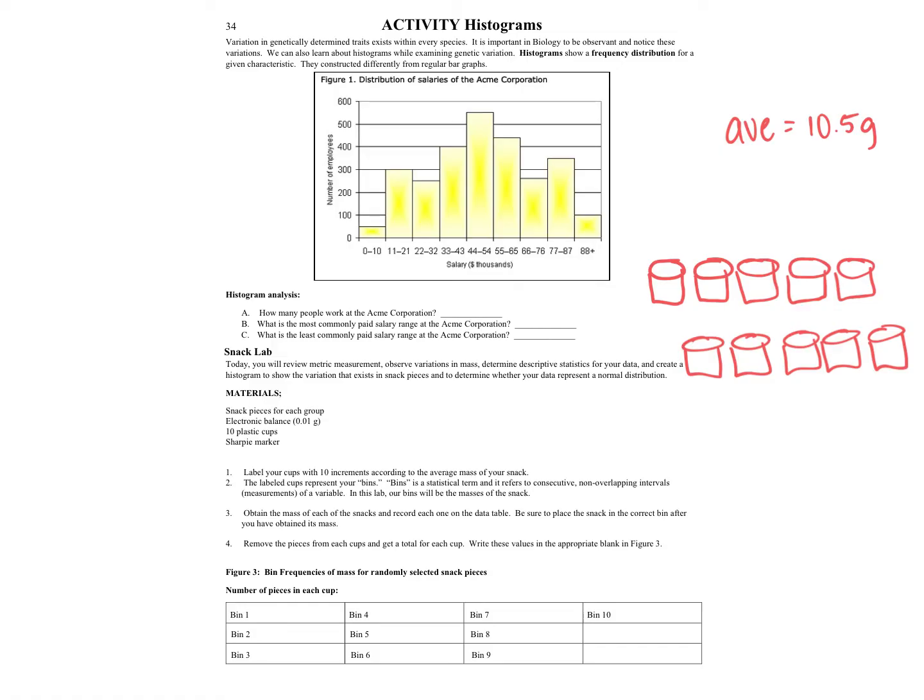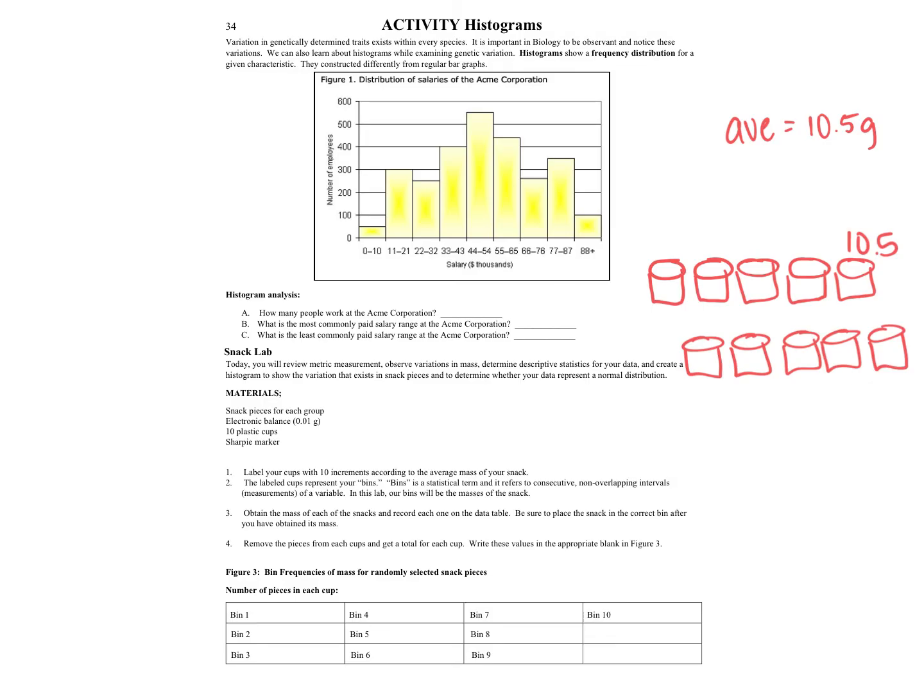So if I designate this one as my 10.5, then from there I may scale downwards: 10.4, 10.3, 10.2, and less than 10.1. And I may go increasing from here, so 10.6, 10.7, 10.8, 10.9, and then 11 or greater. And so you have these different categories, or these different bins, these classes.